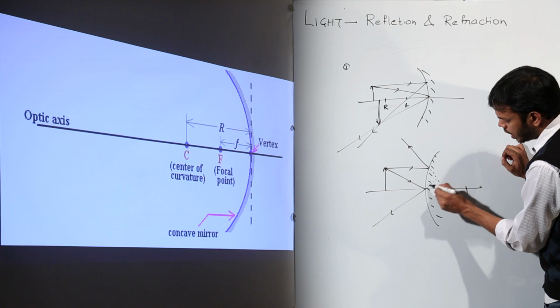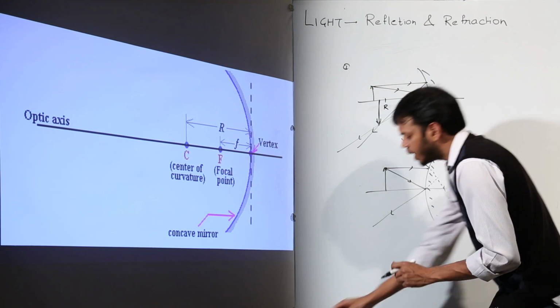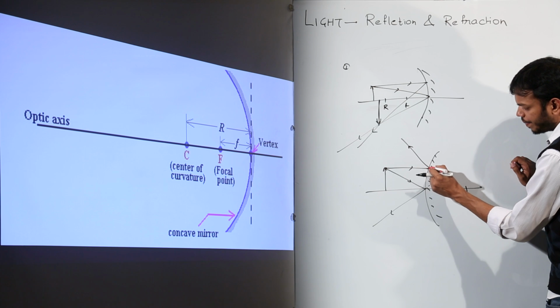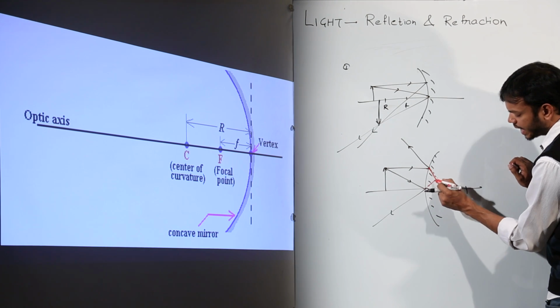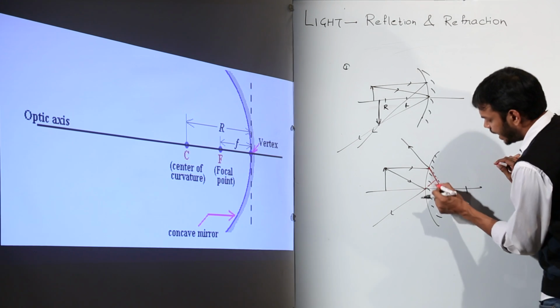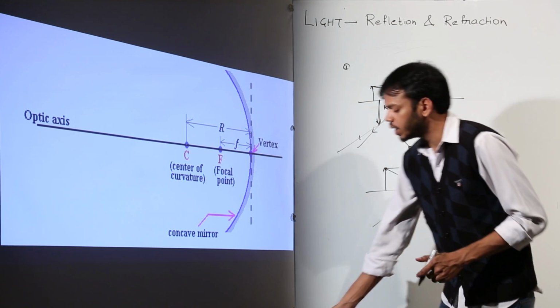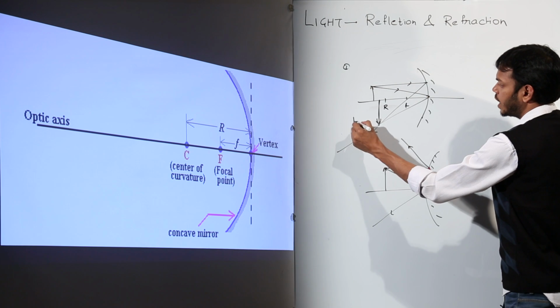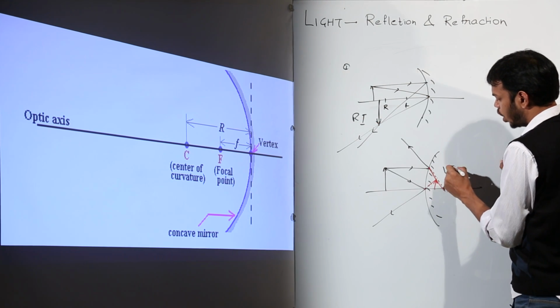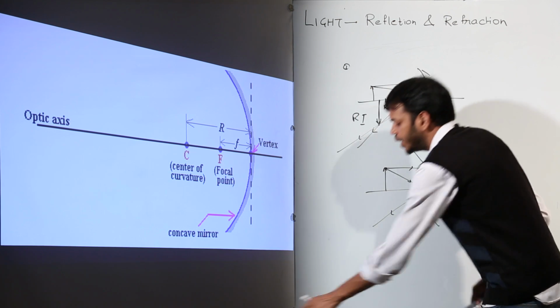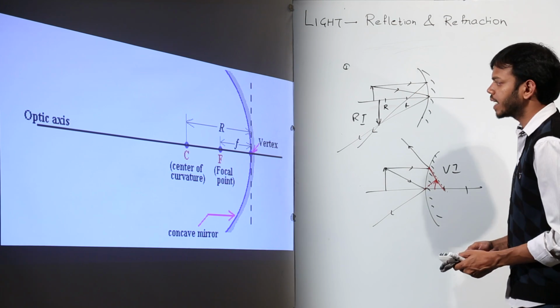So if I extend both these rays in the virtual direction, on the opposite side, I'll get this to be the image. So see, the difference is in this case we got a real image, whereas in this case we got a virtual image, right?